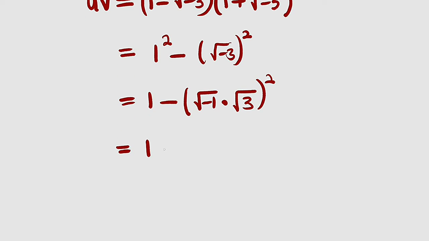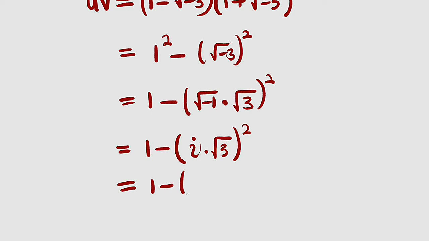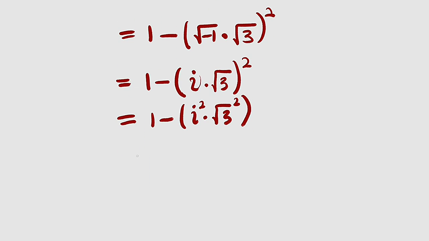This is equal to 1 minus, the square root of negative 1 is i, right? So we have i here, multiplied by the square root of 3, squared. This is equal to 1 minus i squared multiplied by the square root of 3 squared, right? i squared is negative 1, so this is equal to 1 minus negative 1 times the square root of 3 squared, which is 3, right?